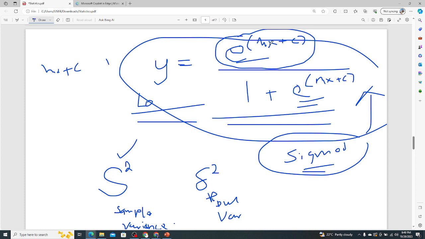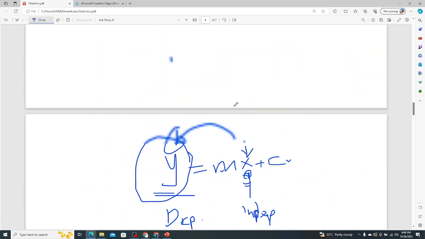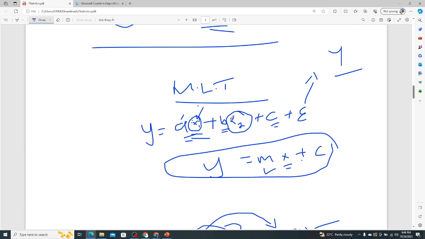Now, my second question. Let's go back to multiple linear regression, whereby I have a function f of x1, x2, x3 equal to a1 times x1 plus a2 times x2 plus a3 times x3 plus a constant c.